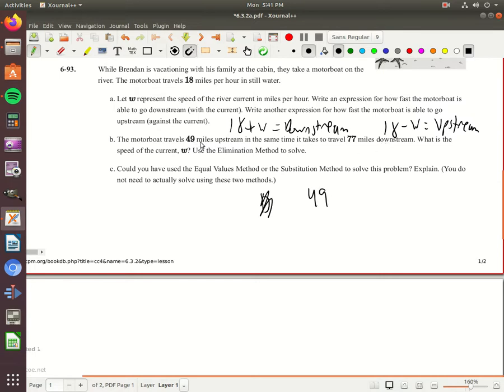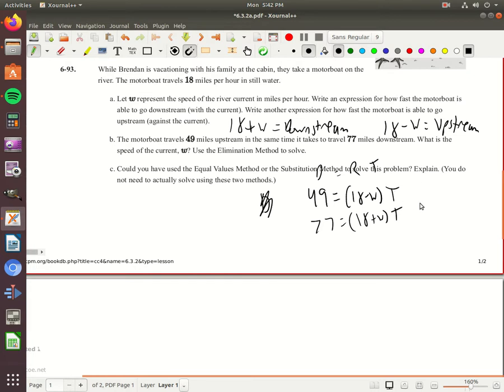So here, 49 miles upstream equals 18 minus W, because the motorboat travels 49 miles upstream, times however long that is, and the same time that it takes to go 77 miles is 18 plus W times T, right? This is my distance, this is my rate, this is my time. They gave me the distances. We already figured out the rates, but the time is going to be the same for either.